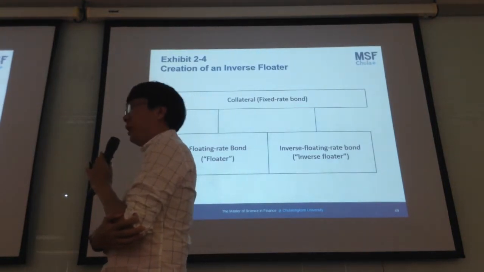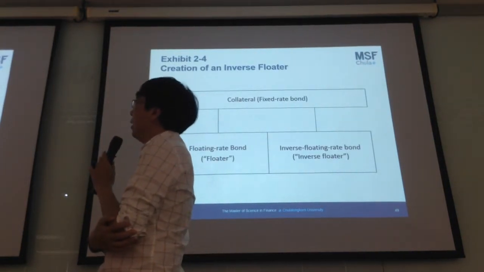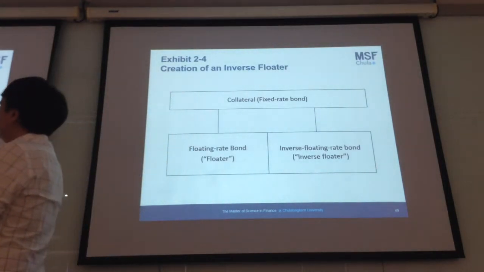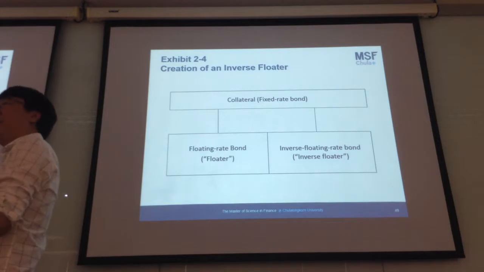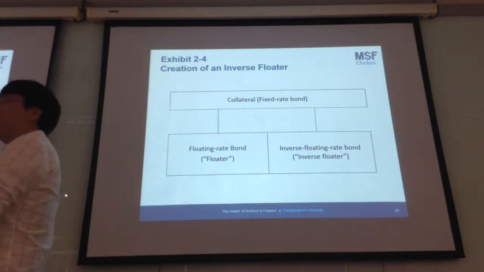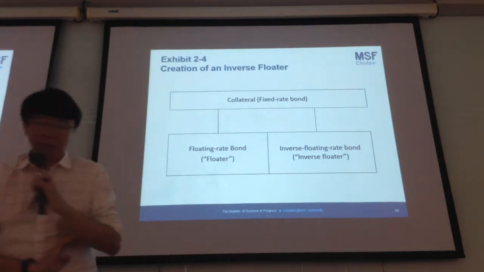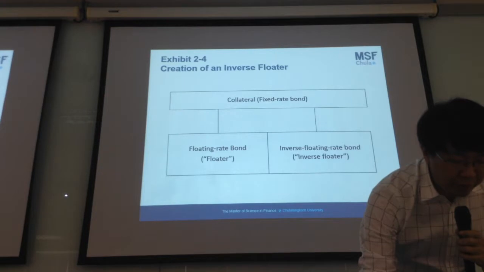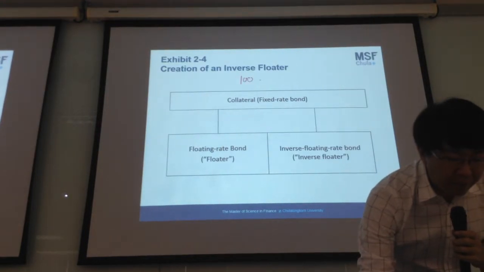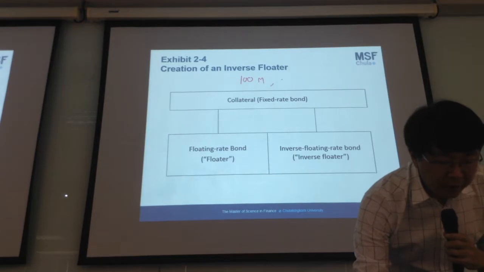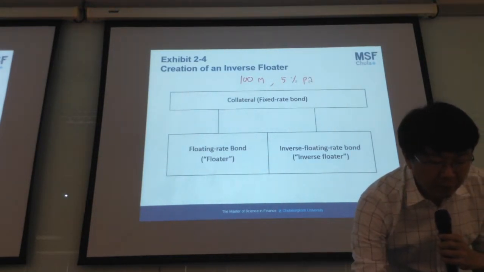In order to construct the inverse floater, the dealer or the trader must buy the fixed rate coupon bond first, and this is called collateral. Okay, suppose I just give you some numerical example. Suppose that the trader buys 100 million, and this bond pays 5% coupon rate.